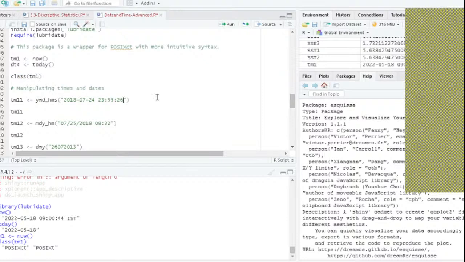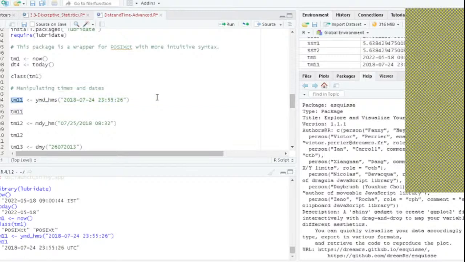Now, see, with Lubridate, I will use commands like year, month, day, underscore, hours, minutes, and seconds. It's going to convert this time into, first, if I don't mention the time zone, it will convert it into UTC zone, Universal Standard Time, right? Then you have noticed here I have dash, here I have slash.